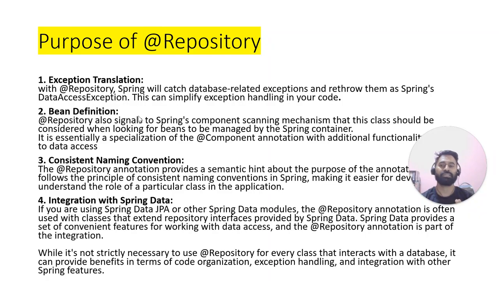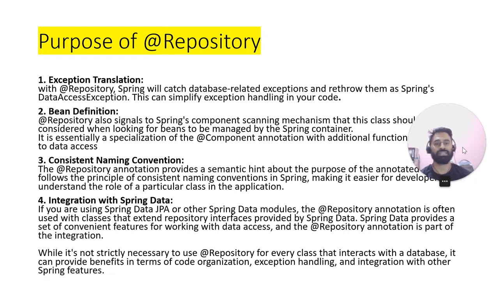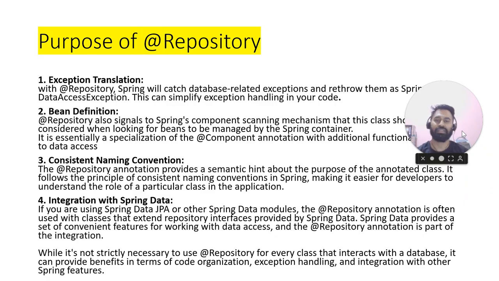The third purpose is a consistent naming convention. The @repository annotation provides a semantic hint about the purpose of the class. It follows the principle of consistent naming convention in Spring, making it easier for developers to understand the role of a particular class in an application, right? In a Spring project, we divide the code into different layers. There is a repository layer which connects with the database.